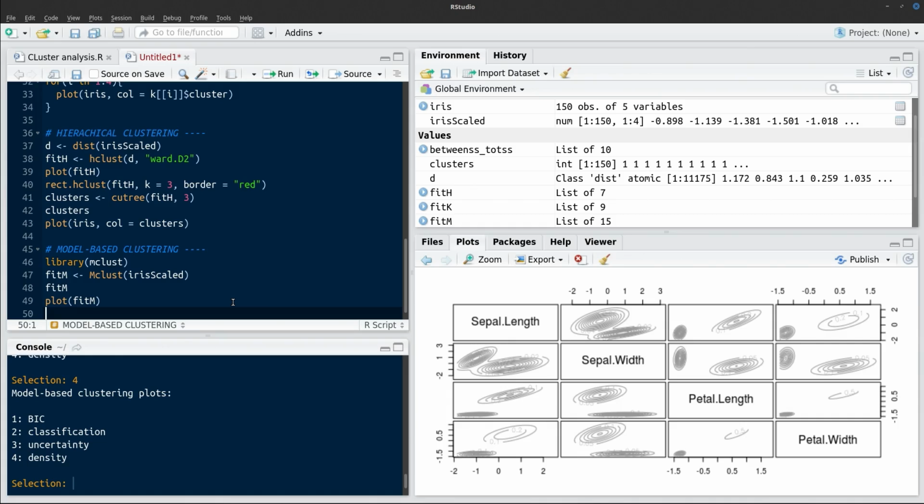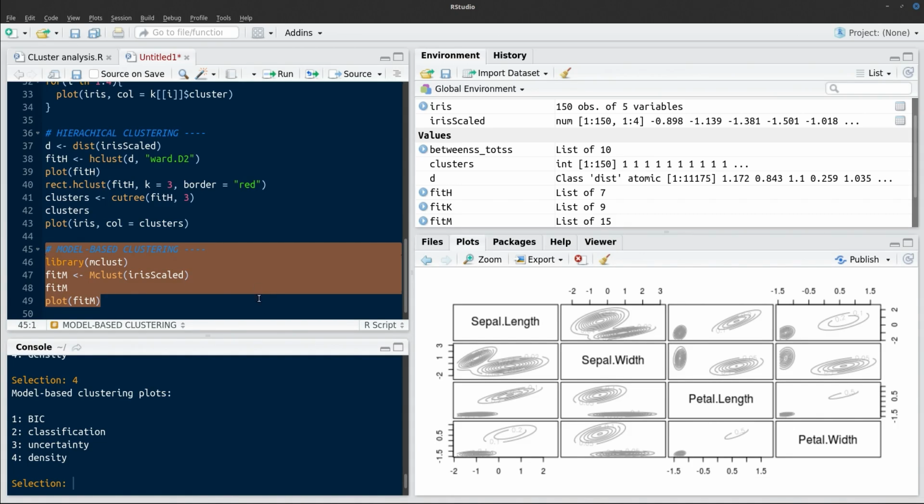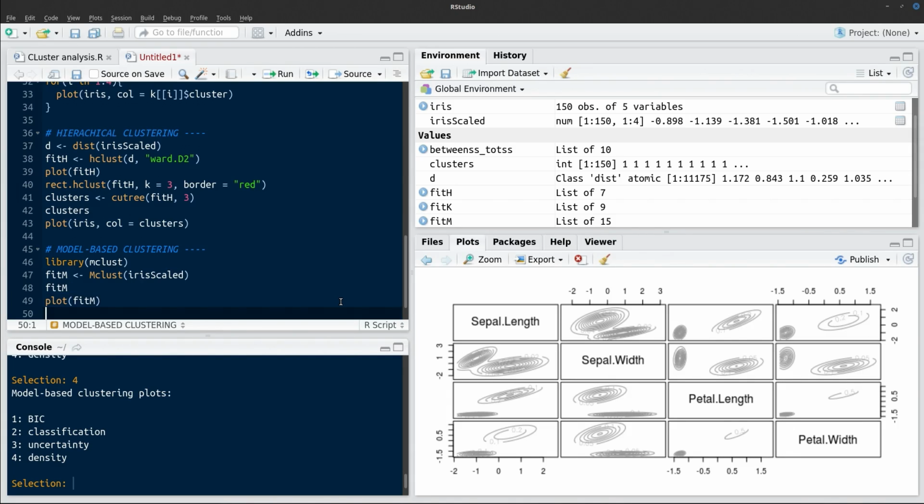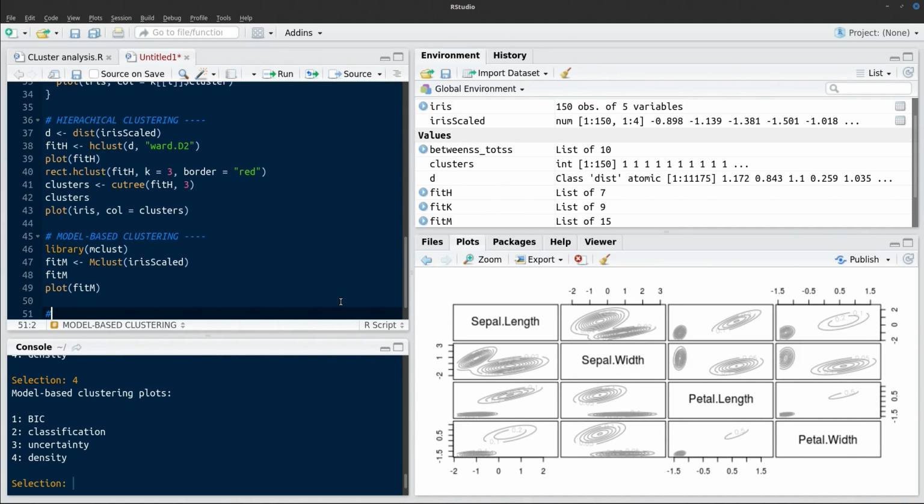In this case, I still think that a 3-group clustering outcome is more correct, and so if this was the data that I was trying to model, I would probably not use this model-based clustering and instead stick with hierarchical or K-means.